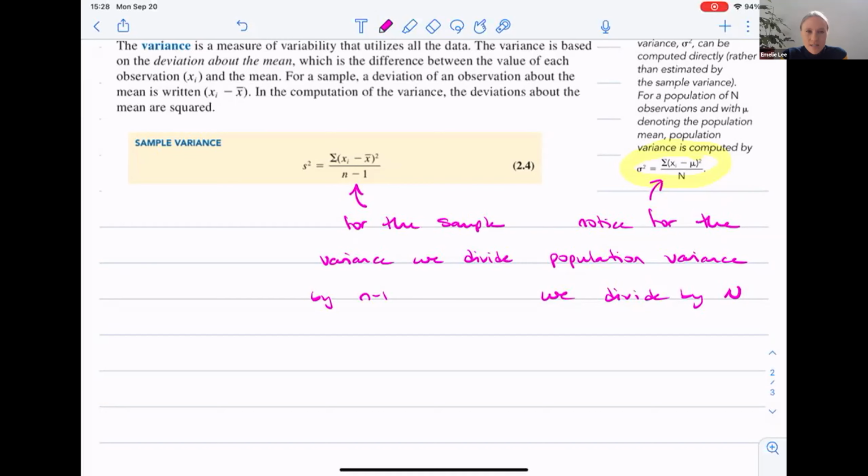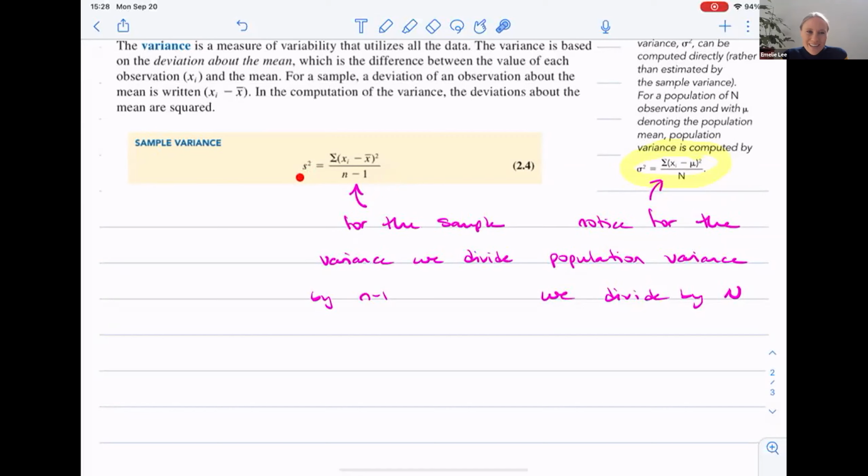The explanation for that is pretty tricky. So I tried to hunt down what they were calling a more intuitive explanation for why, but just briefly, if you're curious, or if you're not, you can tune me out for a minute. So the reason is because the sample variance is closer to the sample mean than it is the population mean.